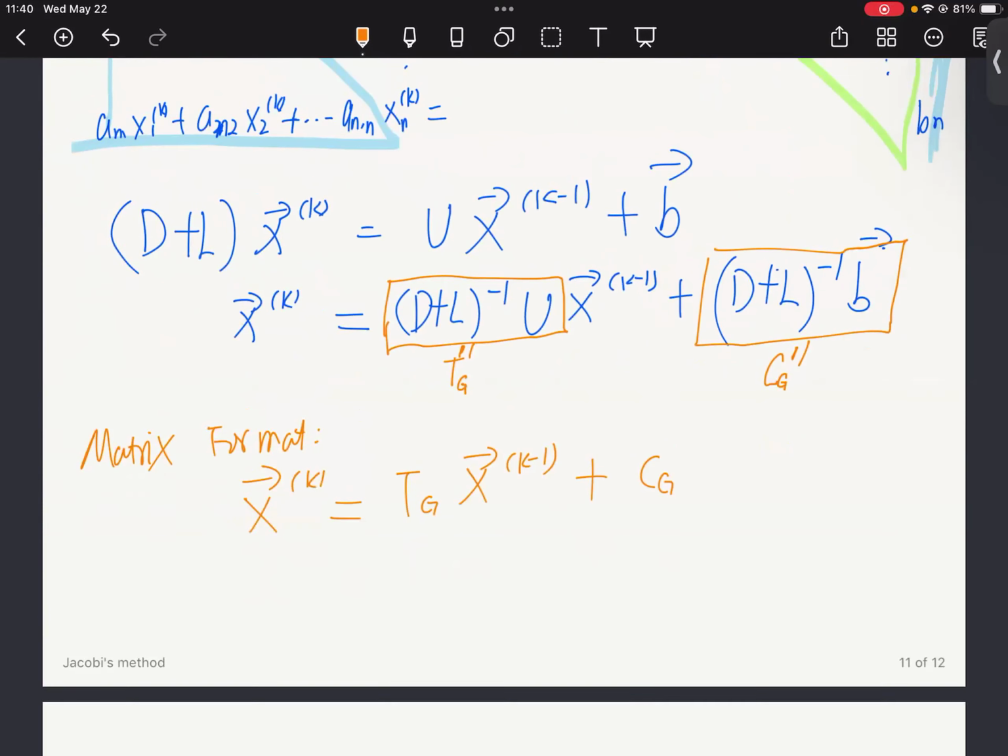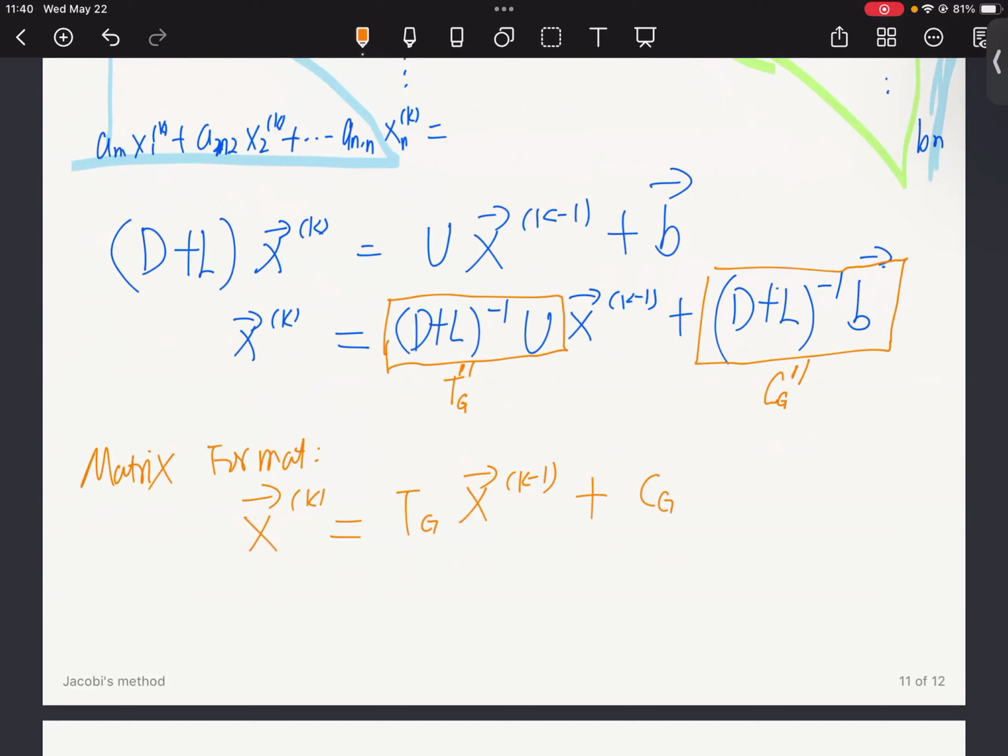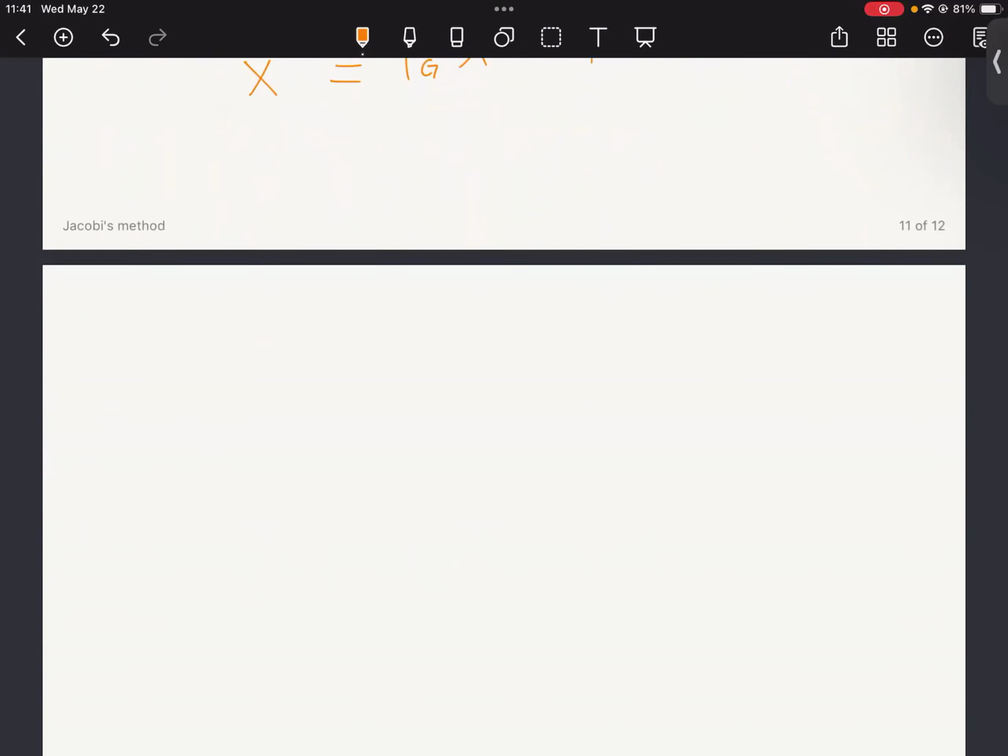You just need to plug in the D plus L, do the inversion and multiply by the U, and then you will get the T matrix. Just follow the formula to get the T matrix and C vector for a specific example. I'm not going to give you a numeric example here.